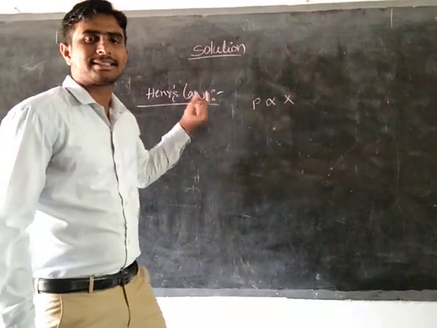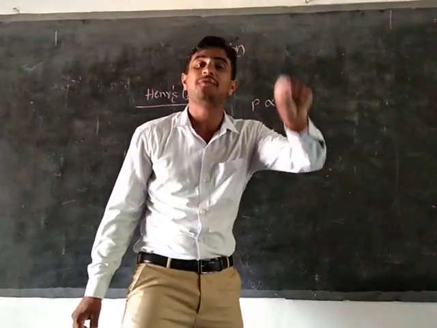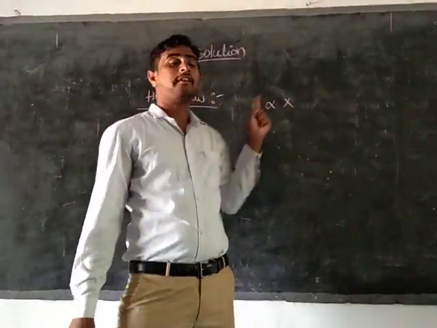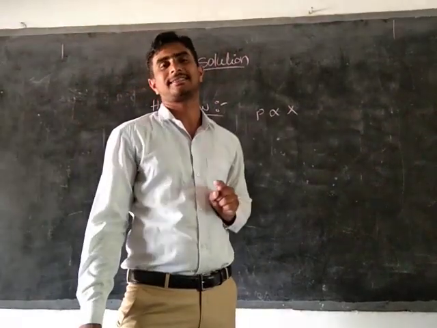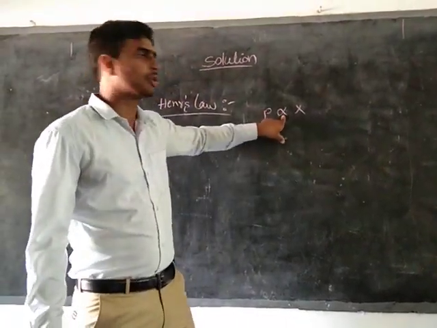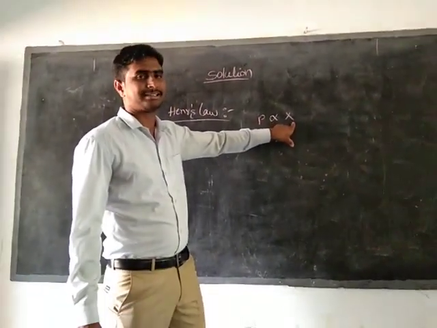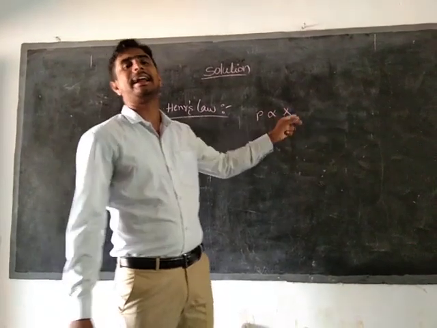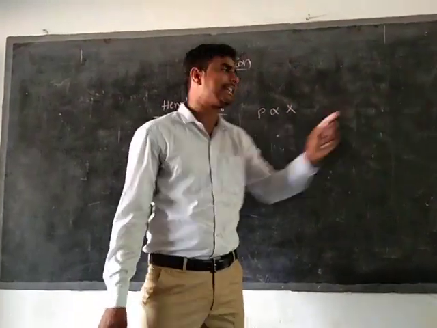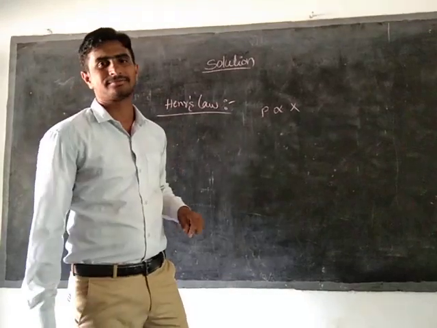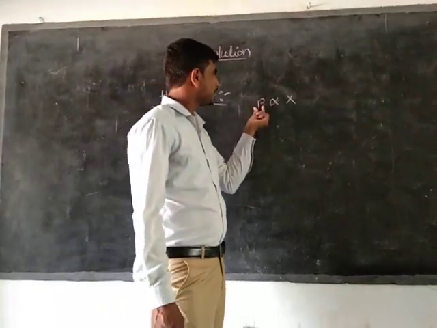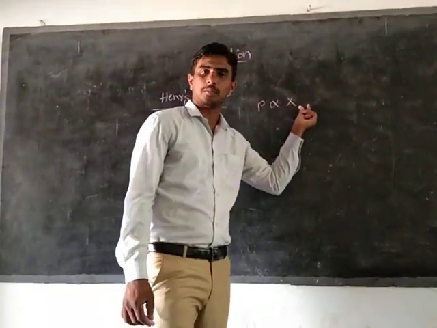Henry's law means the partial pressure of a gas in the vapor phase is directly proportional to the mole fraction of the gas in the solution. Partial pressure is directly proportional to mole fraction.